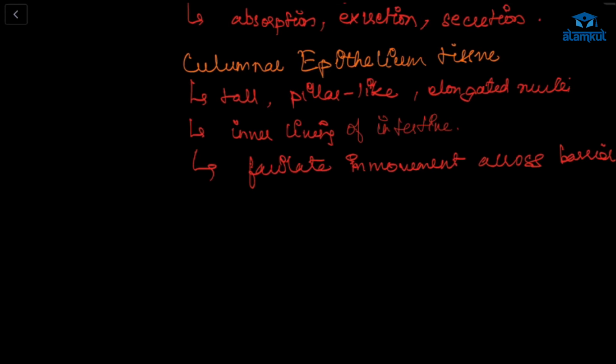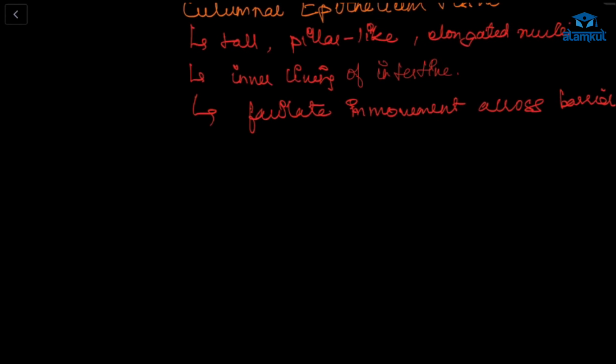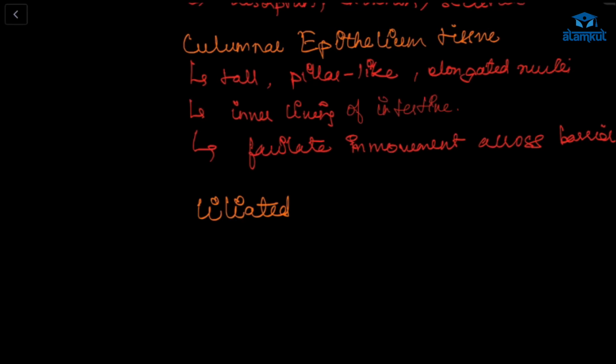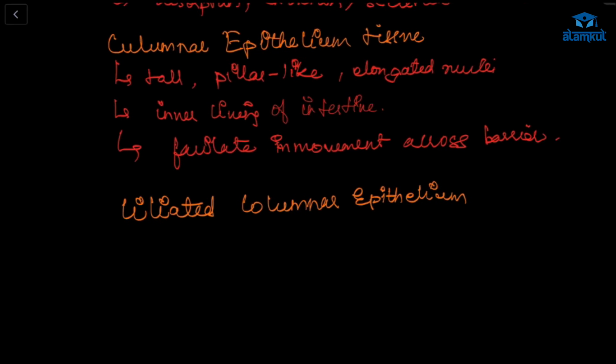Okay. Next, the last thing we have is ciliated. You can say it by the name itself, ciliated. That means this epithelial tissue will be containing what? Cilia. Ciliated columnar epithelium tissue. They contain cilia, and cilia have the ability to move.